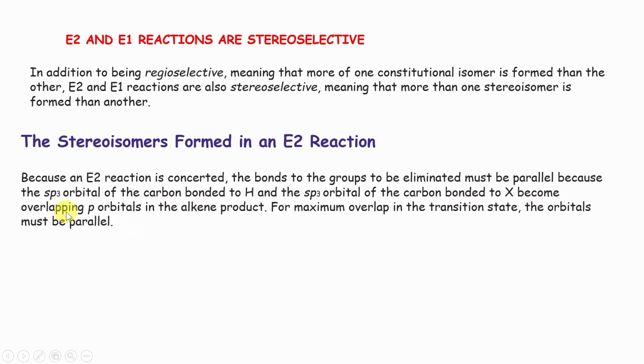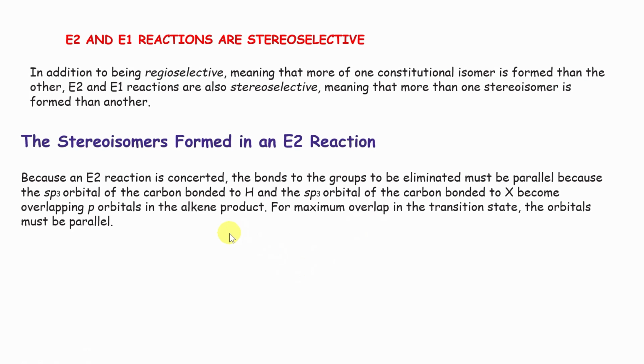Because an E2 reaction is concerted, the bonds to the groups to be eliminated must be parallel. The sp3 orbitals of the carbon bonded to hydrogen and the sp3 orbitals of the carbon bonded to halogen become overlapping p orbitals in the alkene product.